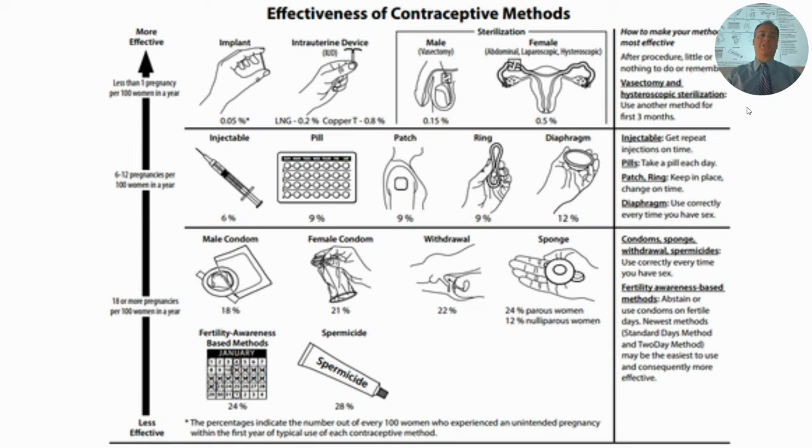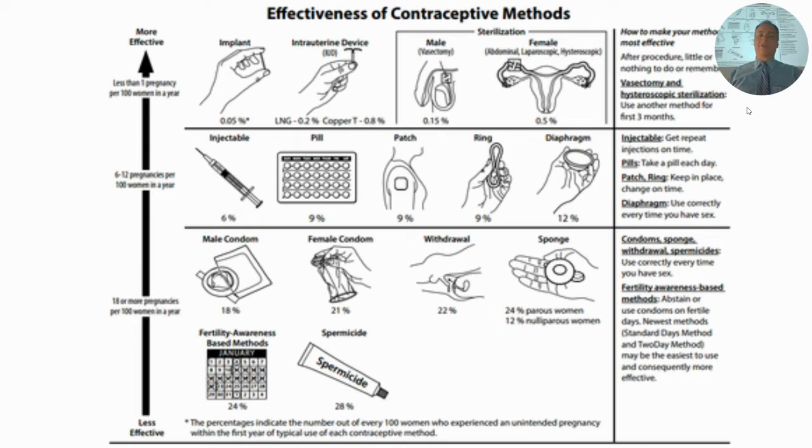And this is interesting, sort of effectiveness, right? The least effective form of contraception is monitoring a woman's cycle and trying to time sex with when they're ovulating or not. That's only like 24% effective. So that's not great.